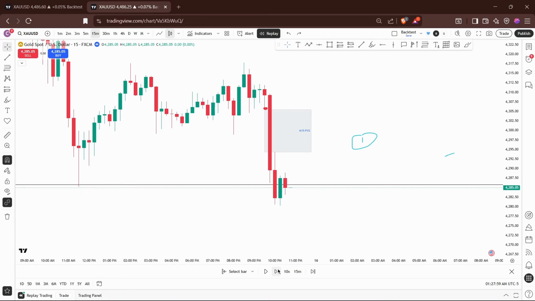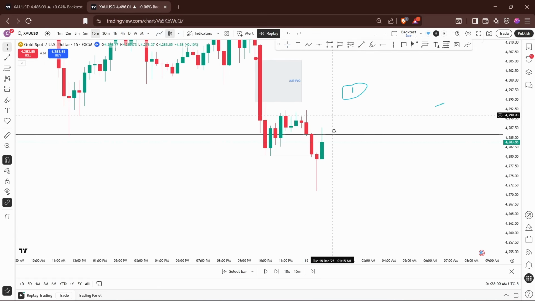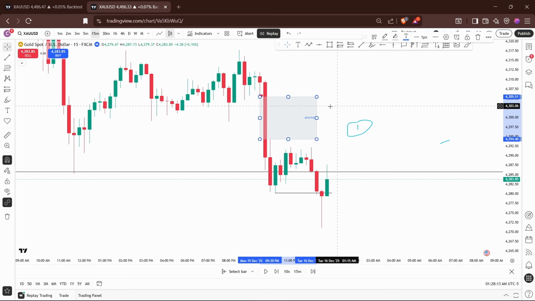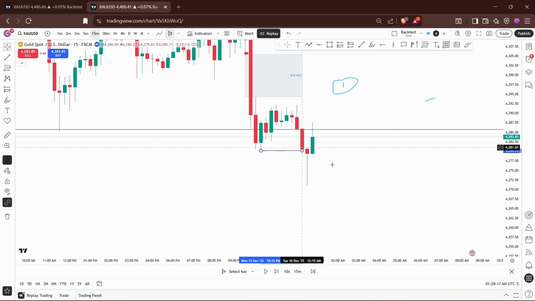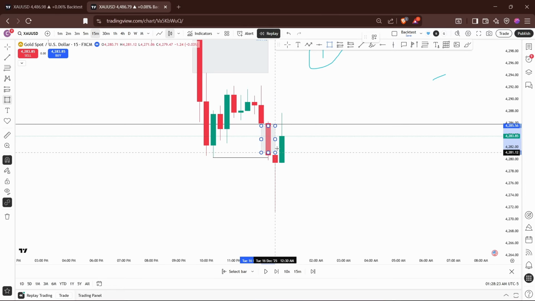For entry confirmation 2, it should also create the inverse FVG. Here you can see it's not able to create any inverse FVG. For the inverse FVG, it should close above this FVG level. Here we can see it's forming the inverse FVG.